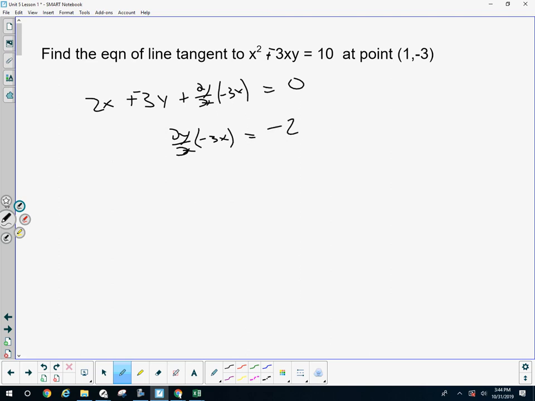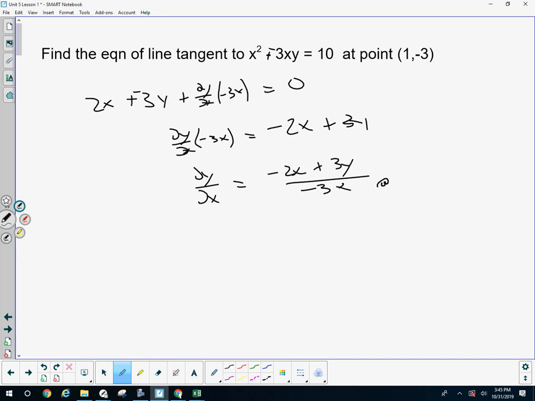I can subtract the 2x, add the 3y. Make sure you're using algebra when you're doing this. And then divide by the -3x. We can plug in (1, -3).